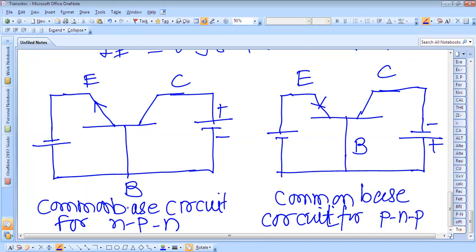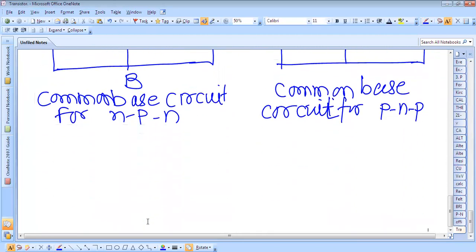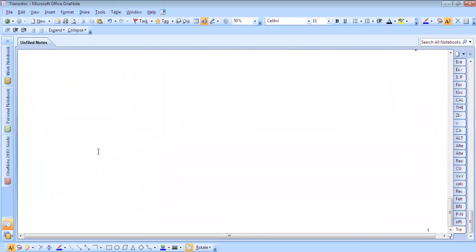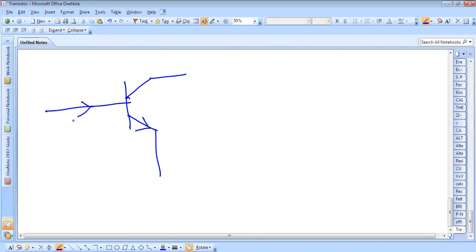Similarly, if the emitter is common, we have certain other types of circuit. Common emitter circuit: that means the emitter is common. Suppose this is the emitter, this is the collector and this is the base. Therefore we can show the battery like this. Here the emitter is common. This is the collector.